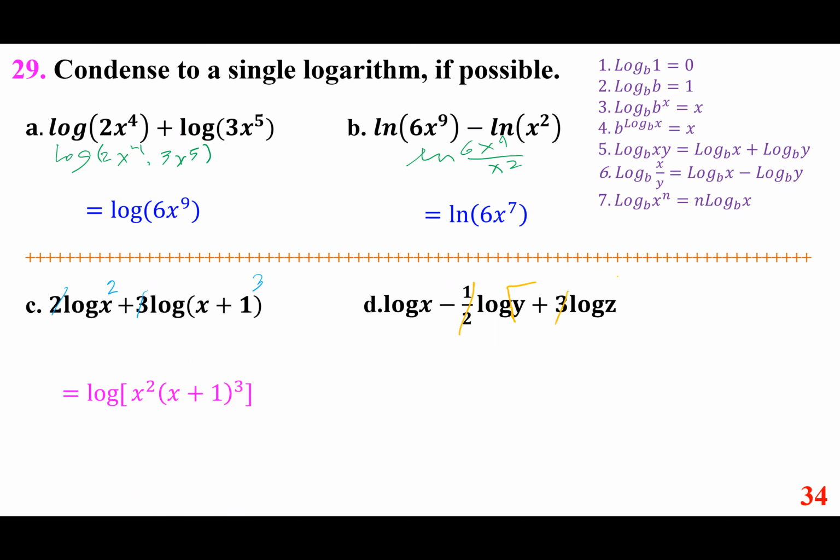And we get rid of this, we make it to the power of 3. And I hope you see that I can combine these two into log of x z cubed minus a log of square root of y.